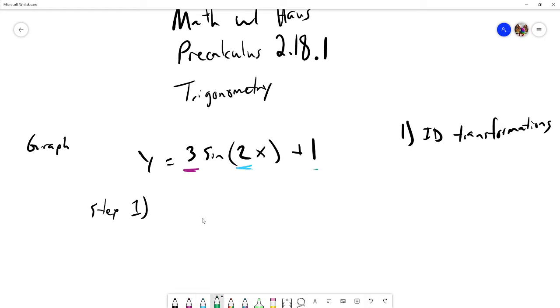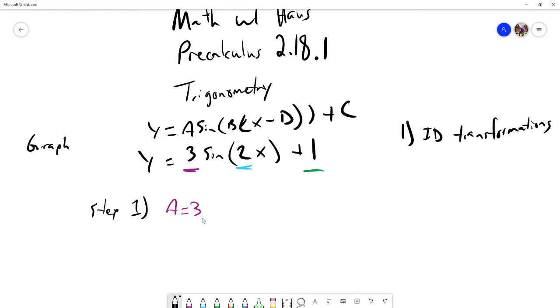This 3 here, if we recall our general equation, is our a, so a is equal to 3. Let's state our general formula: a times sine of b times the quantity x minus d, plus c.